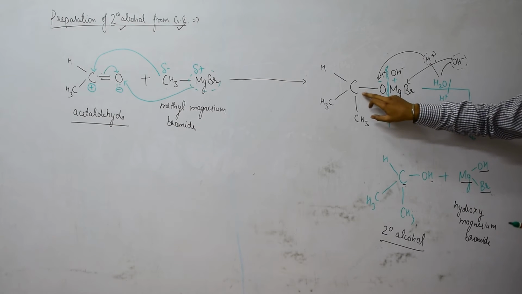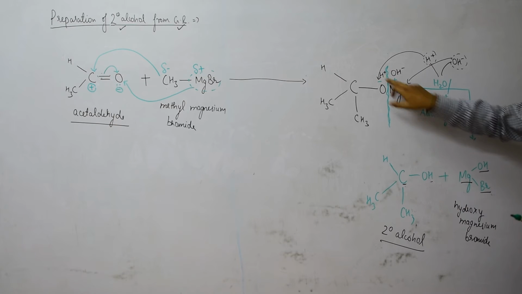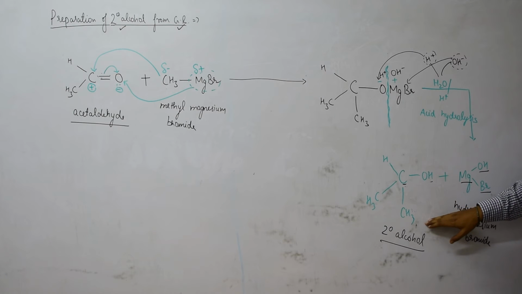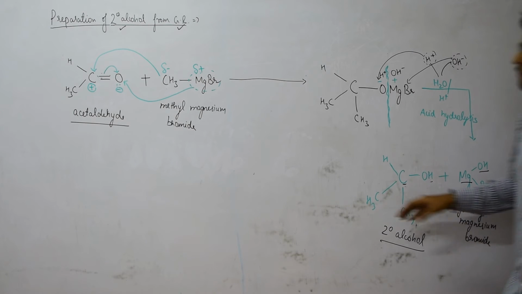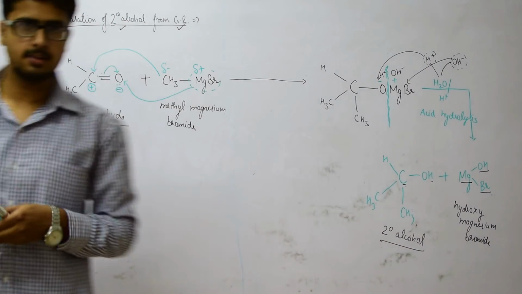So this will form CH3, and this will be OH, our alcoholic part, and this will be MgOHBr. It is called hydroxy magnesium bromide. So this is our secondary alcohol which we have to prepare from Grignard reagent, taking the starting material as acetaldehyde.